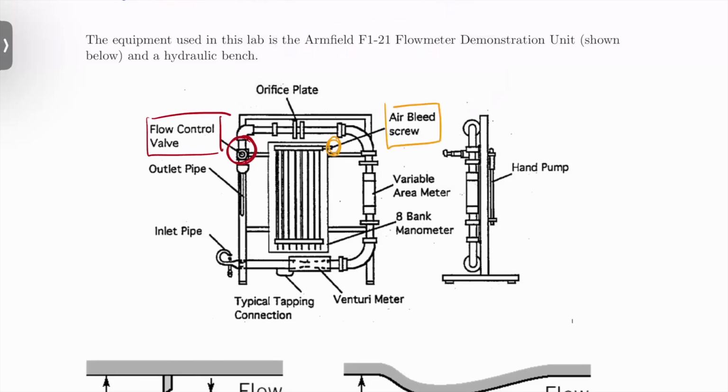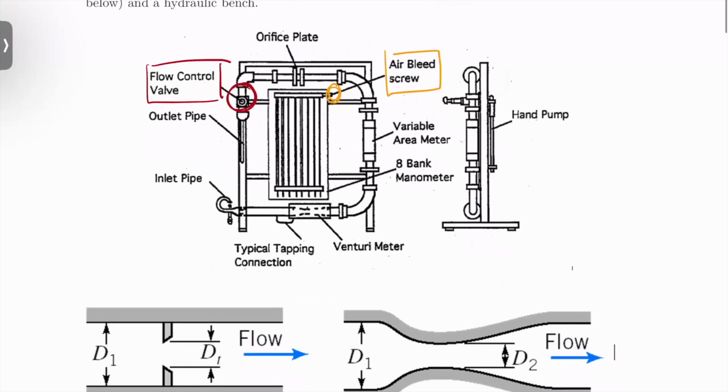And then, not pictured on here, on the hydraulic bench is the bench valve, not the flow control valve. That's not pictured on this schematic, but I will point it out on the equipment over there in just a second.